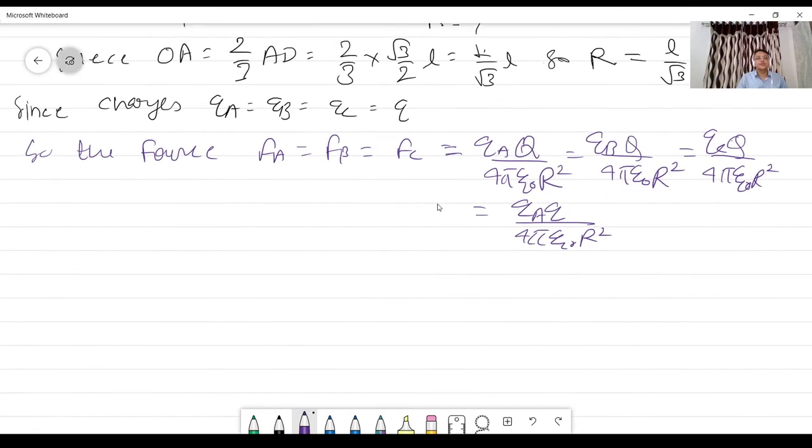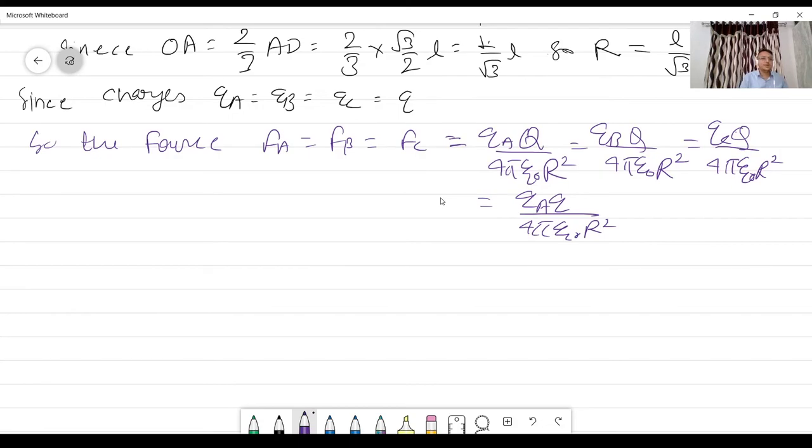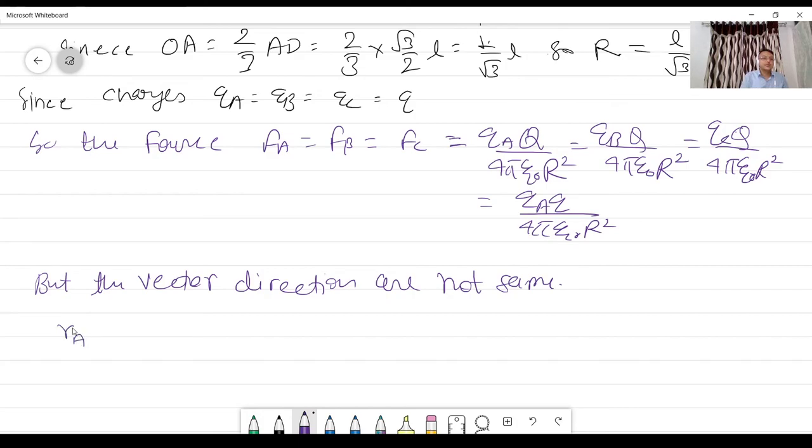So in this case, I can write one formula here in the vector form, but the vector directions are not the same. So one by one I'll be finding the vectors here. What will be vector RA? It is shown in the last question only.